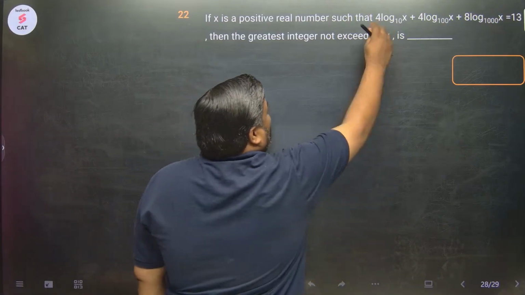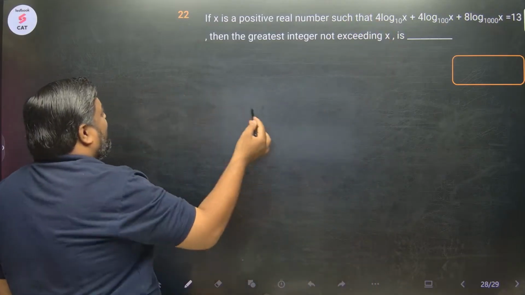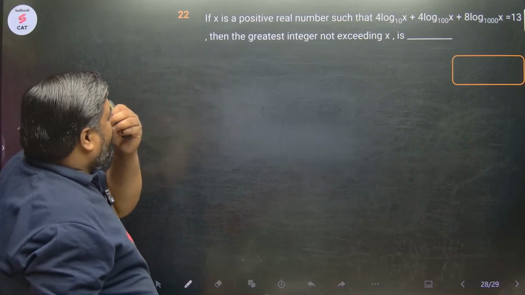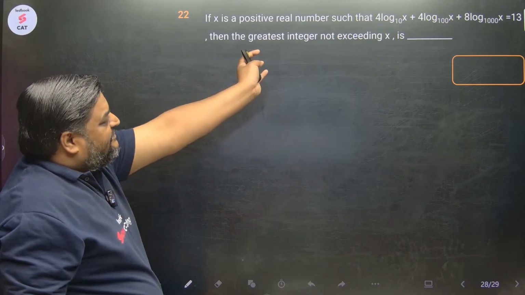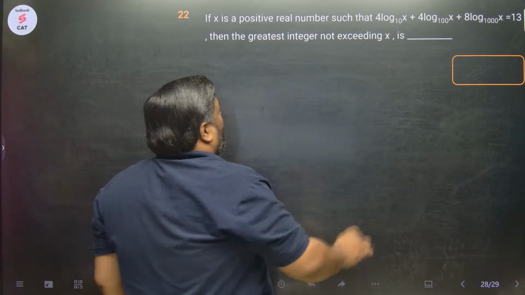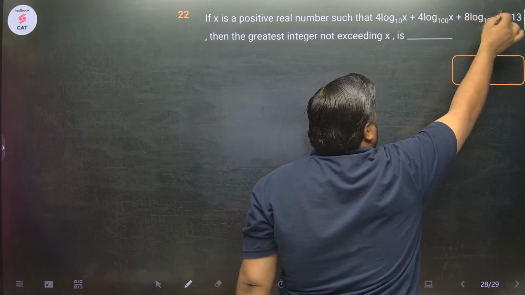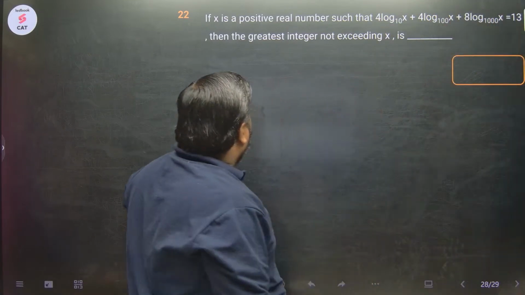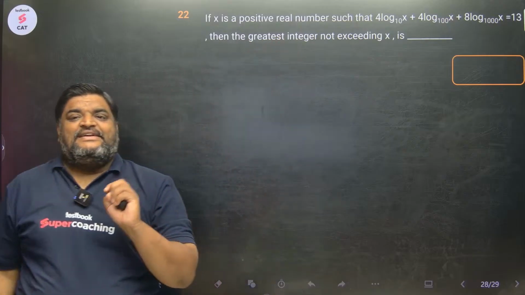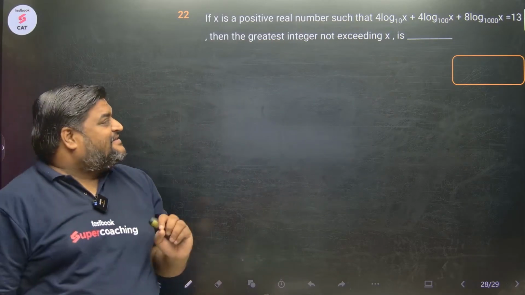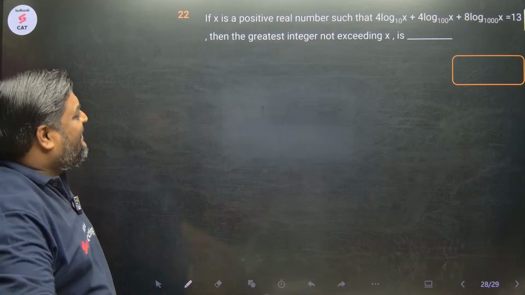Come on guys, let's solve this question. x is a positive real number such that 4 log x to the base 10 plus 4 log x to the base 100 plus 8 log x to the base 1000 is 13. Then the greatest integer not exceeding x is what?